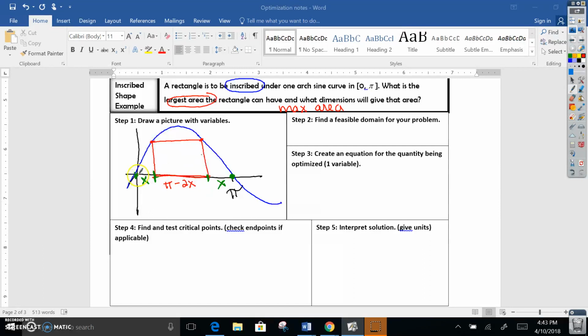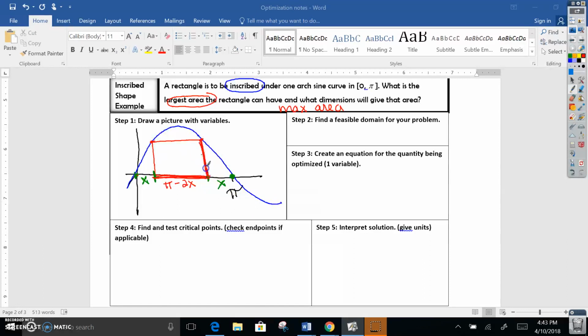So if x is the distance from the origin to the rectangle, that will be the same distance from the rectangle to the intercept, because of symmetry, and the entire distance is pi, I'm going to take away these x's, there's 2 of them, and that will be the bottom side of the rectangle.